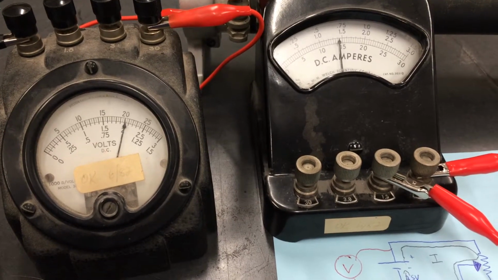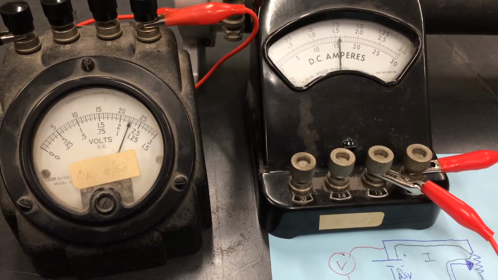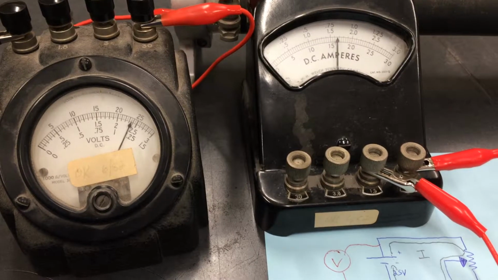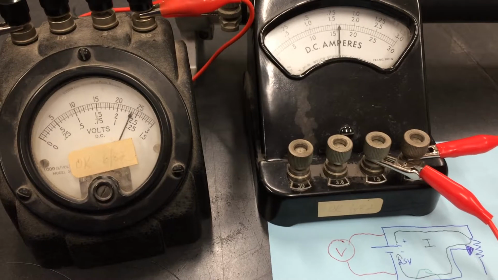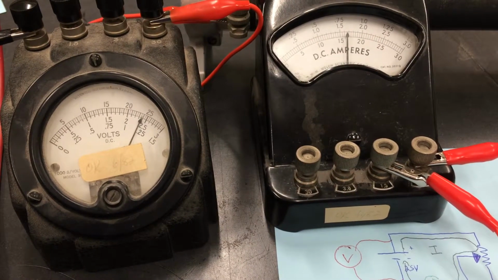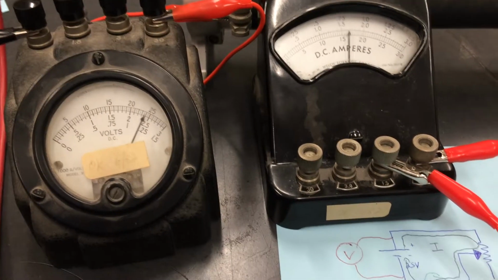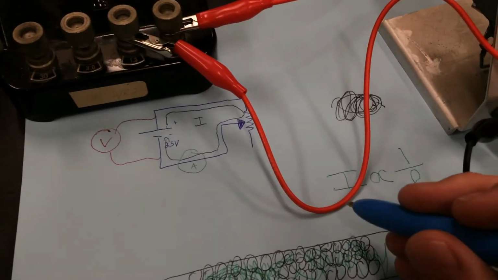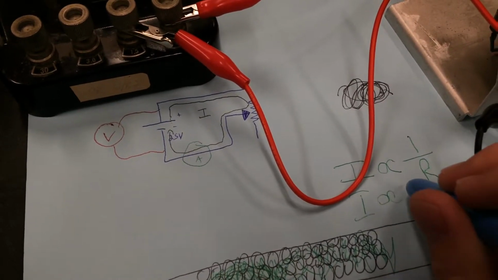Watch what happens as I increase the voltage. Do you see the amps going up? So now the voltage is about 24, and we've gone up to nearly 0.85. So what that tells us is that current is proportional to voltage.